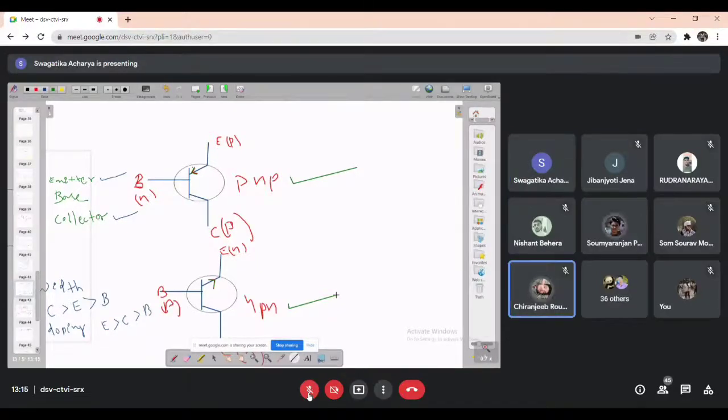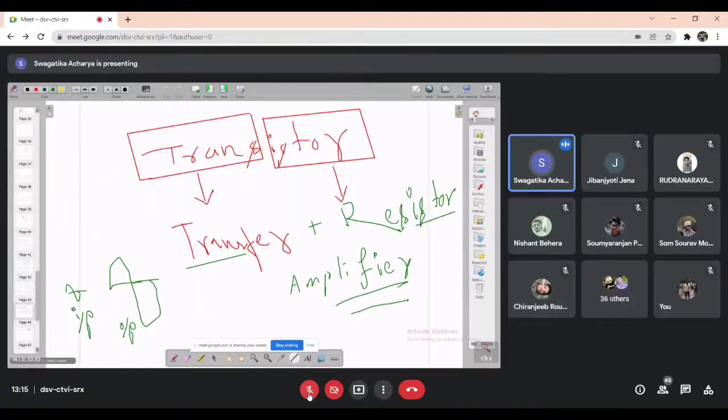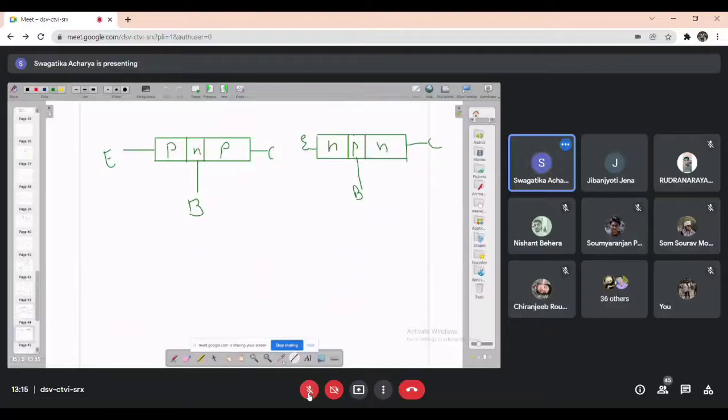Yes, ma'am. Okay, in some books the upper one is emitter, base and collector, and you can draw it like this also, simple.